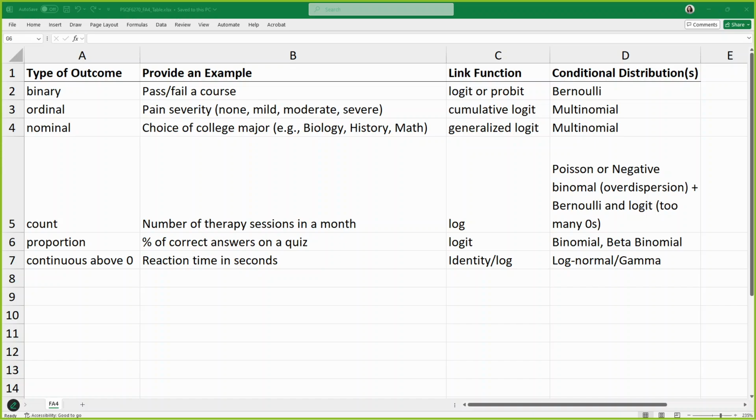So, Mike? I was just going to ask, could you also use a generalized one for the ordinal? Oh, yeah. Okay. Yes, I think that's possible, because we could use the generalized or baseline logit and adjacent logit, depending on what we are interested in and what the submodels will be estimating.